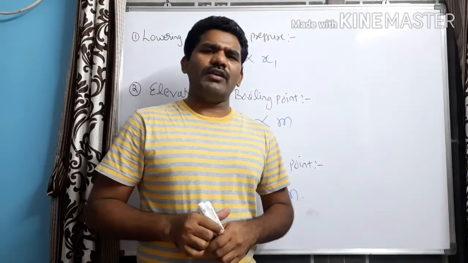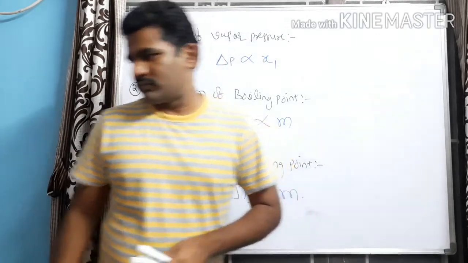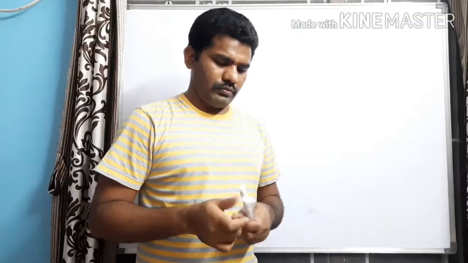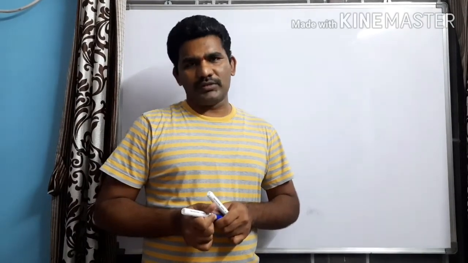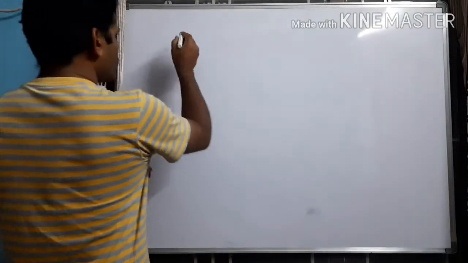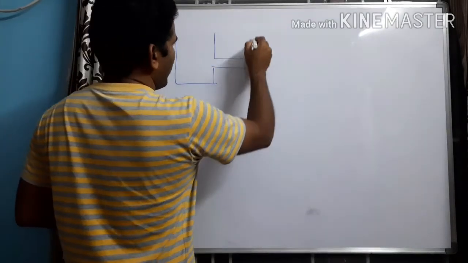The last and final colligative property that we are going to learn is osmosis. Now, let us try to understand osmosis. Let us consider two beakers which are connected through a pipe.